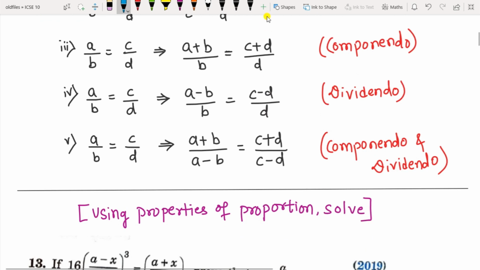If you combine these two results, you add the two terms in the numerator and subtract the same terms in the denominator, so it is (a plus b) by (a minus b) equal to (c plus d) by (c minus d). This is called componendo and dividendo. We will be using componendo and dividendo far more often than the other results.